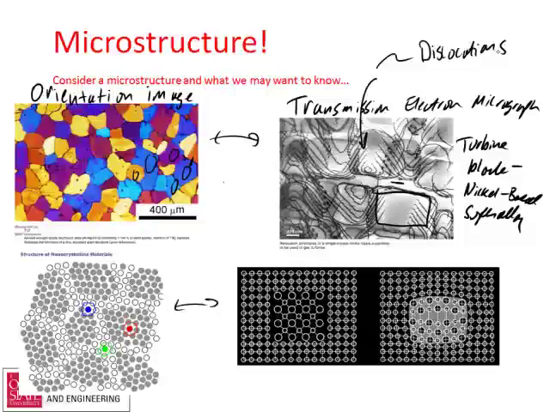And we'll talk a little bit about what these things are, but basically this is one phase. Down here, the mortar is something called gamma, which is basically nickel-rich alloy.